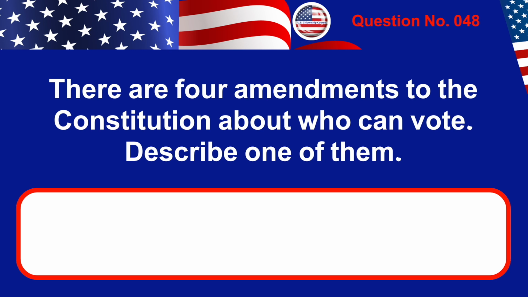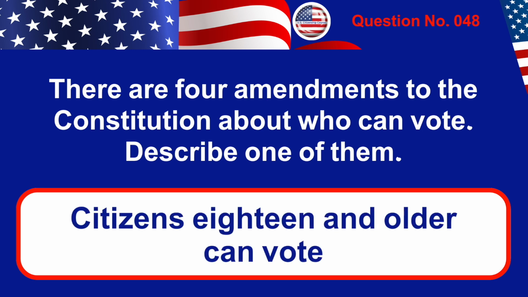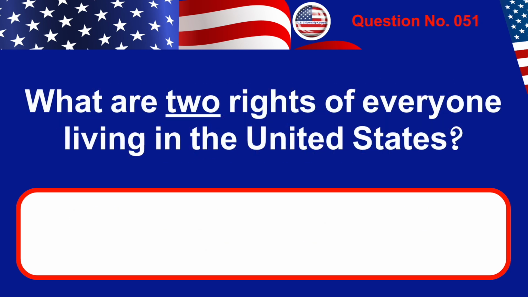There are 4 amendments to the Constitution about who can vote. Describe one of them. Citizens 18 and older can vote. What are 2 rights of everyone living in the United States?